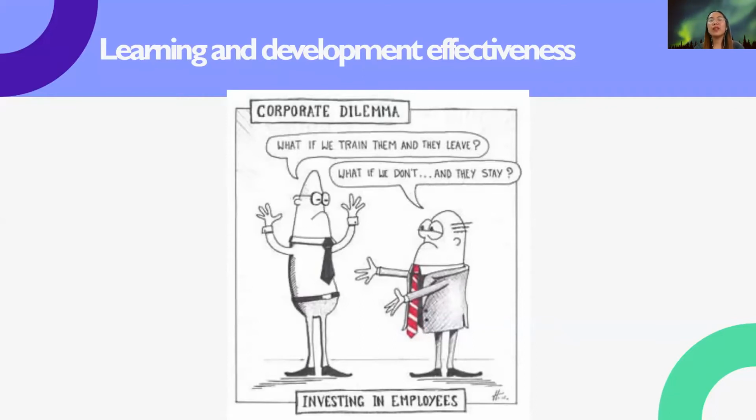So iniisip nila na pag tinrain nila sila, pag na-acquire na nila yung knowledge and skills na to, aalis na sila sa organization nila. Paano daw kung wag na nilang i-train para mag-stay sila, maka-acquire sila ng knowledge on their own in this organization? So yun yung dilemma na palaging nangyayari. However, the effectiveness of learning remains a contentious topic.